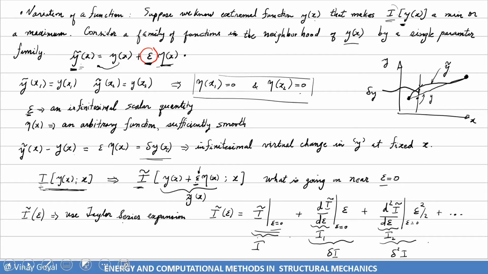I then plug in the virtual function y tilde instead of y and use Taylor series expansion around epsilon equal to 0, because epsilon is an infinitesimally small quantity. I hope that's clear. The second thing I want you to notice is that I want to find the function y such that I tilde is equal to I.